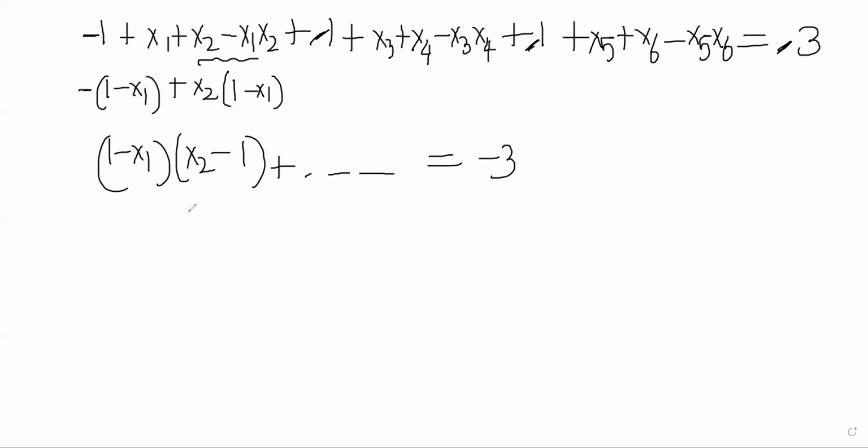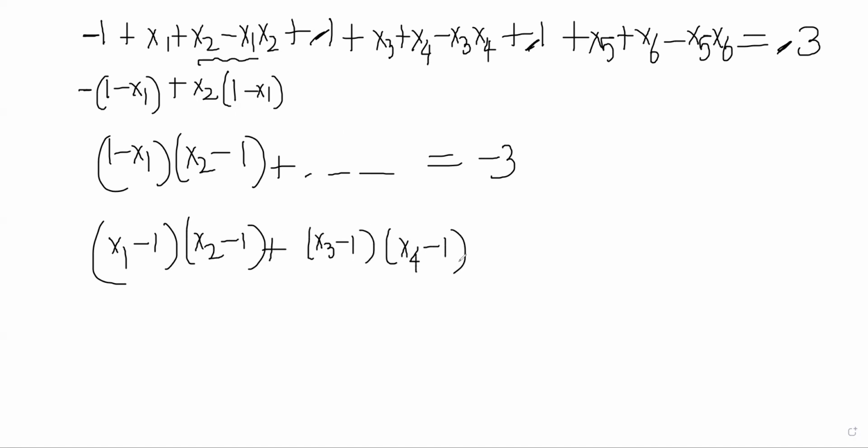If you simplify it, you will get this result at the end: x1 minus 1 into x2 minus 1 plus x3 minus 1 into x4 minus 1 plus x5 minus 1 into x6 minus 1 is equal to 3, right? Now, the question had said that the roots of these are going to be integer roots, right?